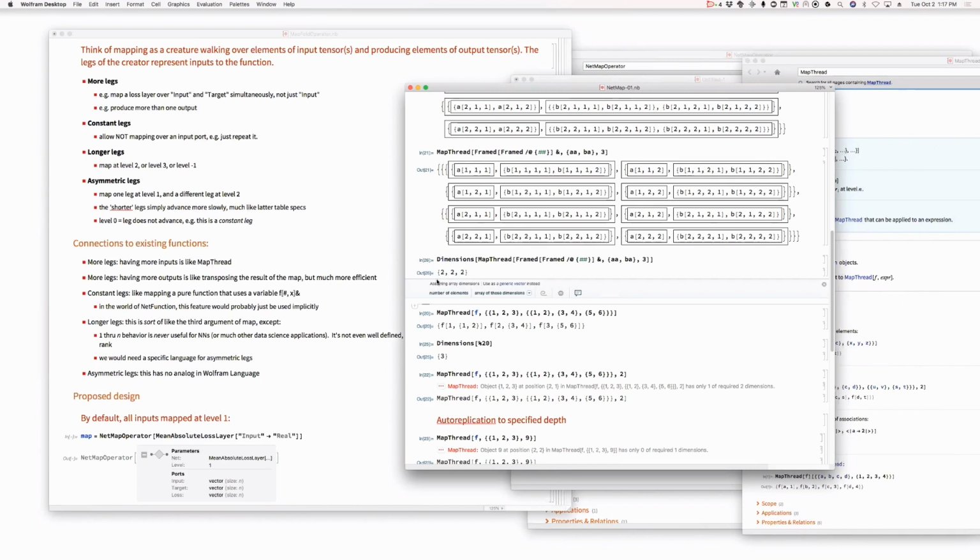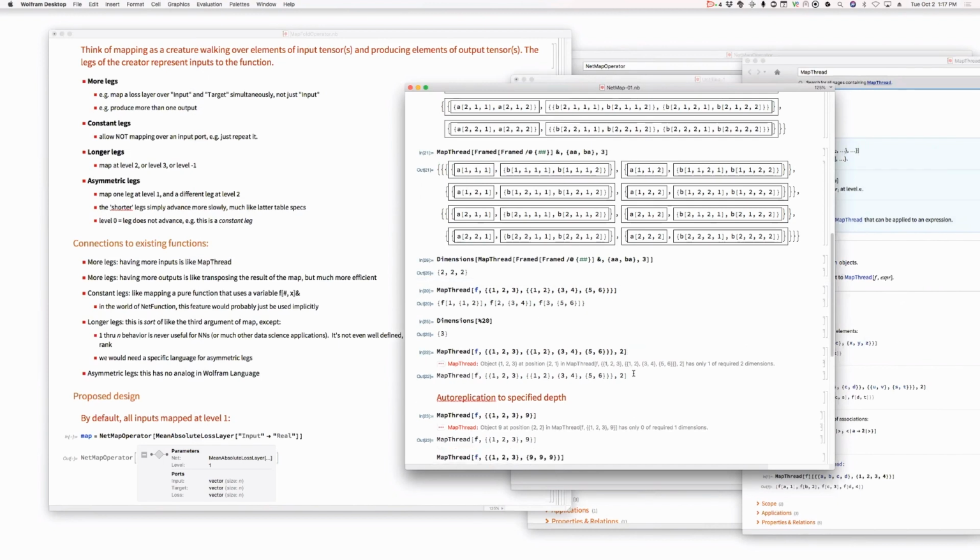Right? Correct. So I claim that we could change map thread to actually auto-replicate. Is that desirable? I don't know. Maybe it's better to just generate an error in this case.